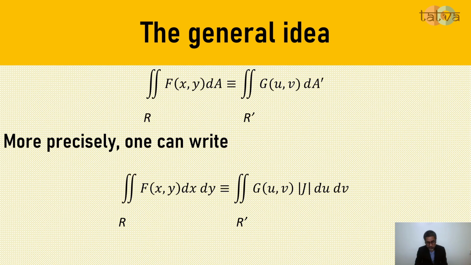You must have noticed from your previous classes that the Jacobian sometimes can return negative values. So how can the right hand side be negative? So that's the reason we take mod J. So mod J du dv together constitutes dA prime. dA is dx dy on the left, whereas mod J du dv happens to be the expression for dA prime.